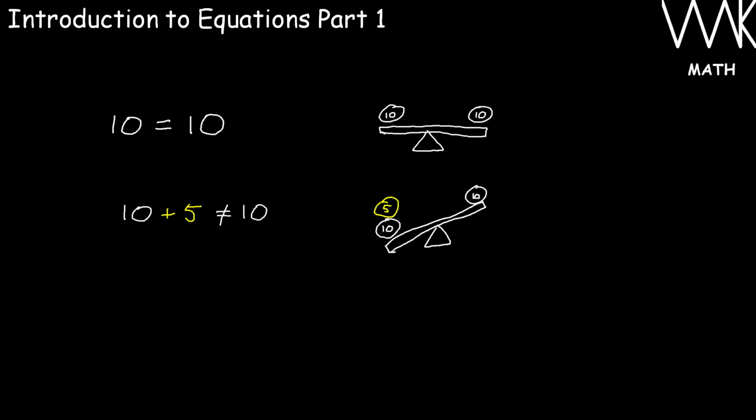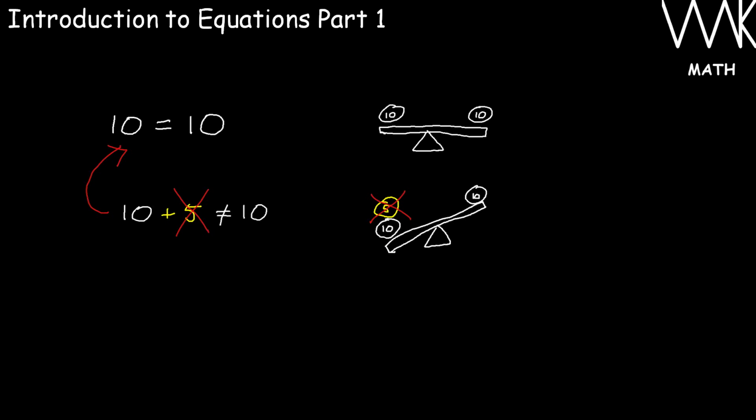Now, how can we rebalance this equation? There are two ways to really rebalance this equation. We can undo the changes we did. So in other words, we can get rid of the 5 added pounds on the left side, and it will become 10 equals 10, such as what we started with.